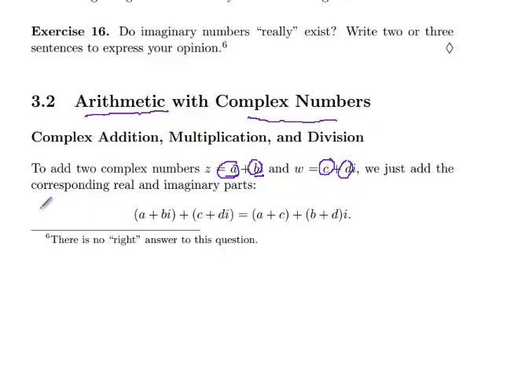So I'm going to define, this is a definition, the sum of these two complex numbers as the sum of the two real parts, plus the sum of the two imaginary parts. And the sum of the two imaginary parts is done by taking the two real coefficients, adding them together and multiplying by i. Again, this is a definition of how to add together complex numbers.